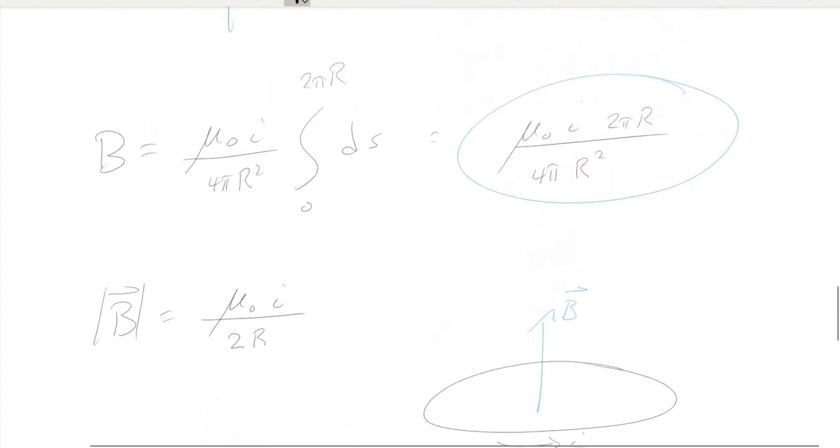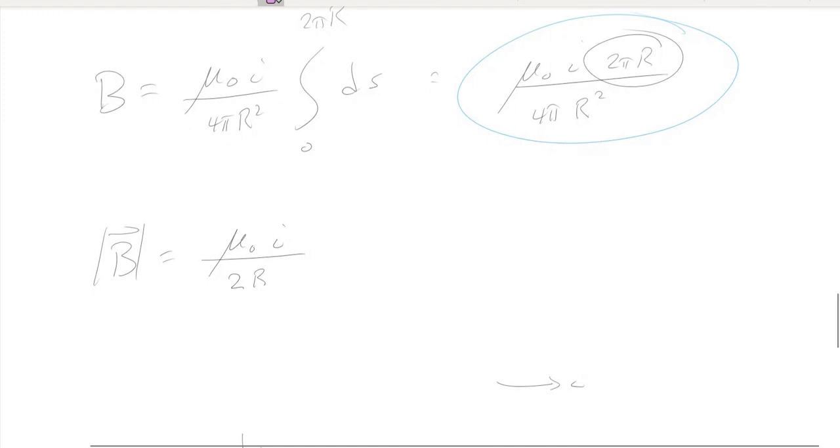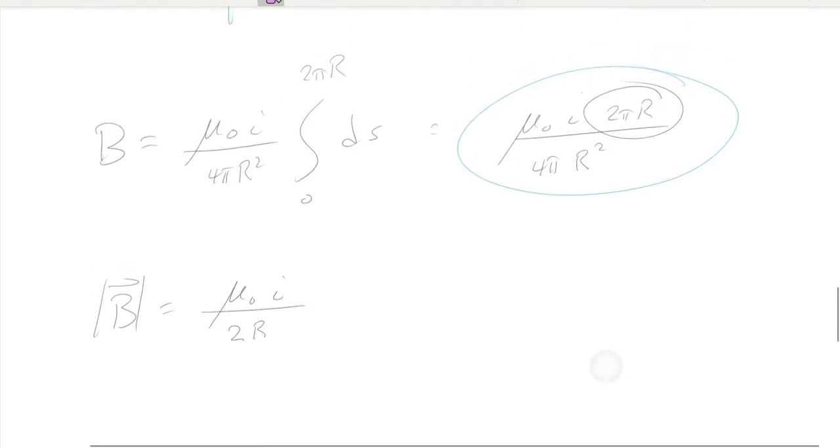Well, that means that this is the true indicator as to what the final magnitude of the magnetic field is going to be. Now, I can't change the size of the circle. Otherwise, if my radius is changing, I don't have a circular path.